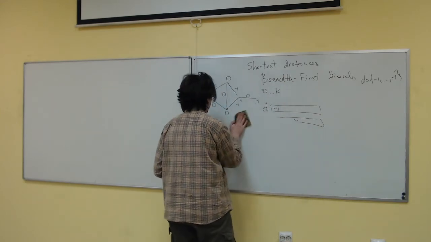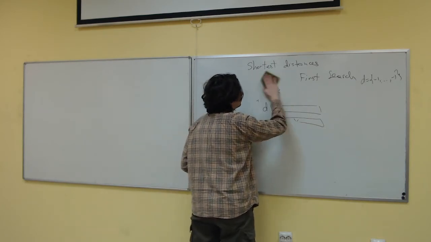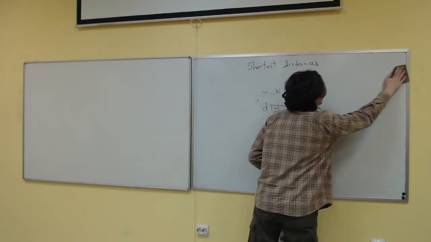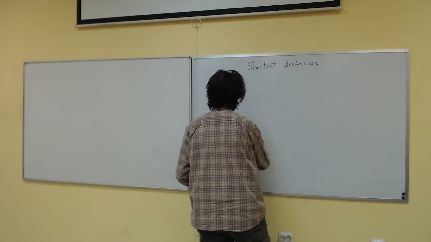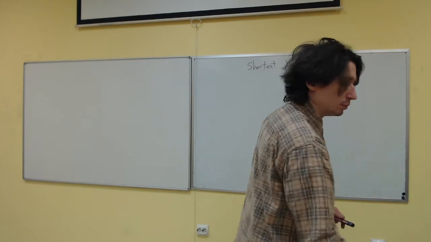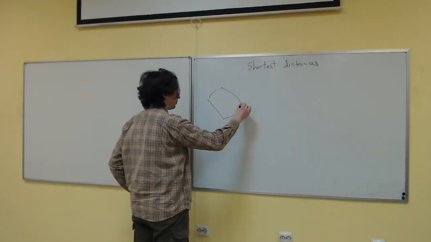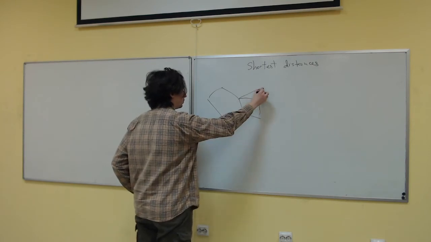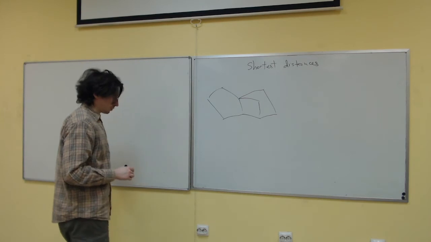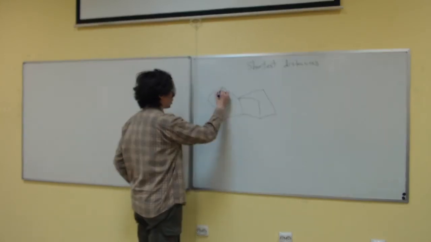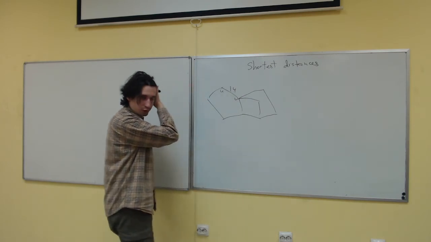That moves us to the next algorithm. So you are given a graph, and we have the weight of each edge, like, I don't know, 14.